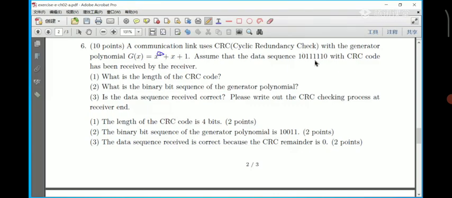So the CRC code lies in the last 4 bits. The message is 1011. What is the length of the CRC code? 4 bits, right?